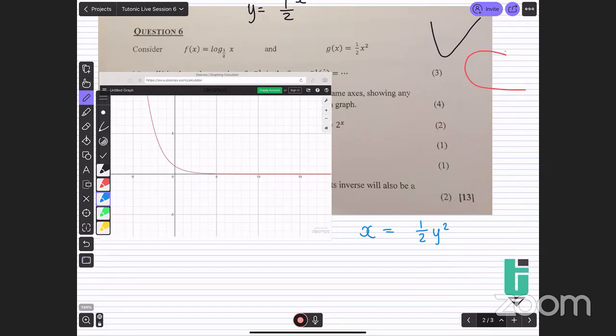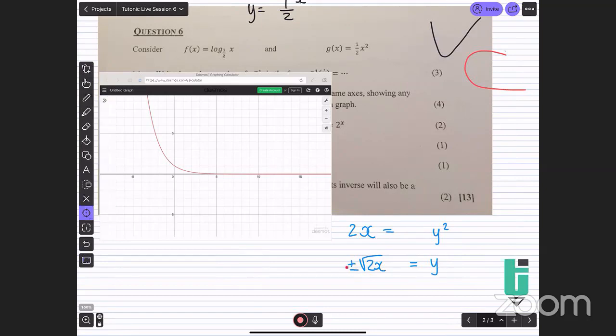Multiplying by 2. Yeah, so dividing by half is the same as multiplying by 2. You guys see that? Okay. Doesn't really matter, as long as you do it properly. So it's going to become y squared equals 2x. Therefore, y is equal to root of 2x, but it's plus minus.